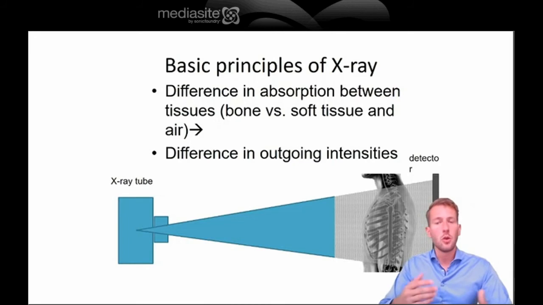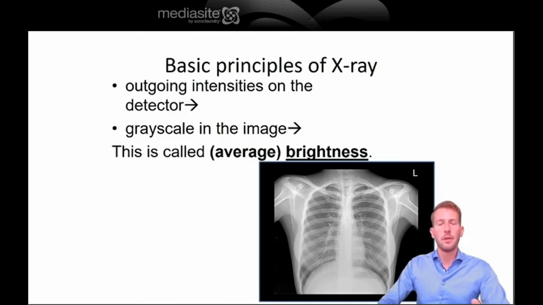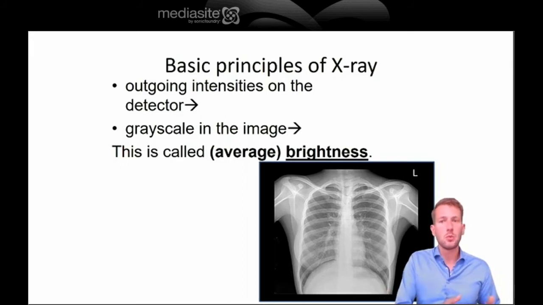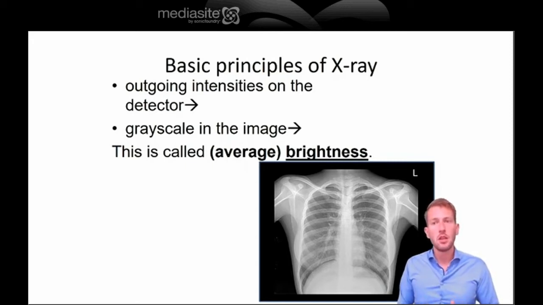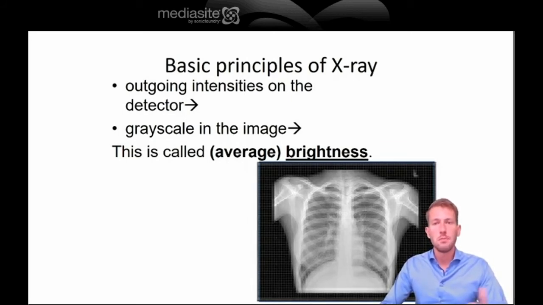Intensities change in the outgoing beam, which are detected by the detector. So bone is depicted white. Soft tissue, like the heart, is depicted gray. Air is depicted black. The image is divided into pixels, and each pixel gets its own shade of gray.